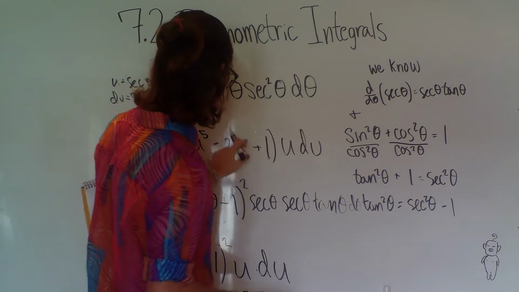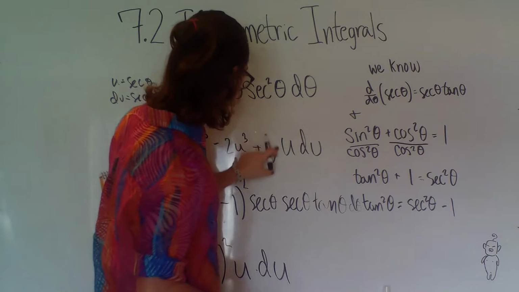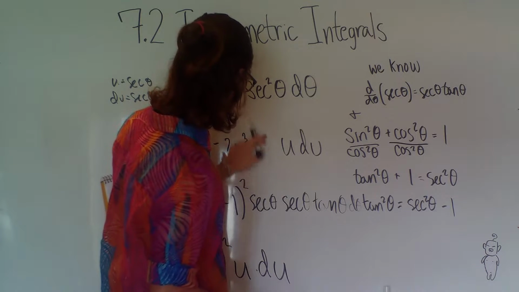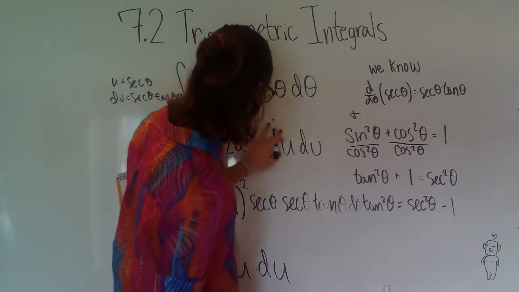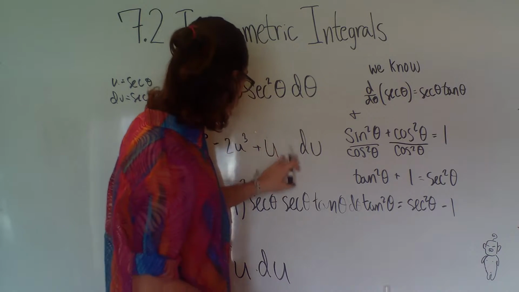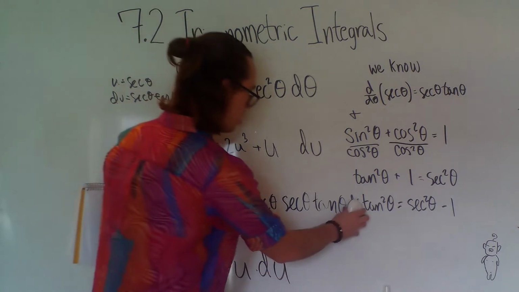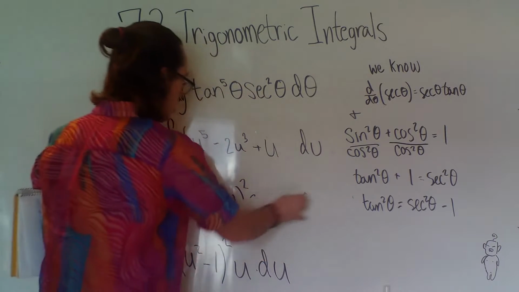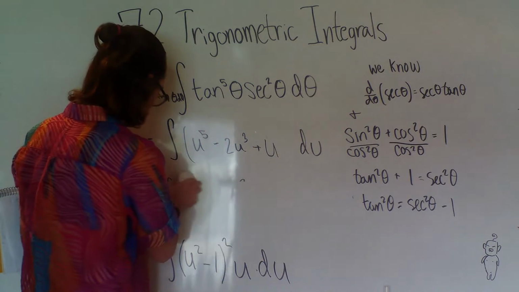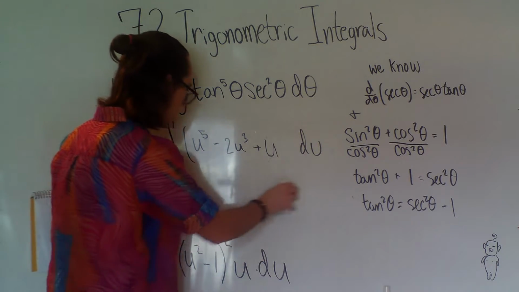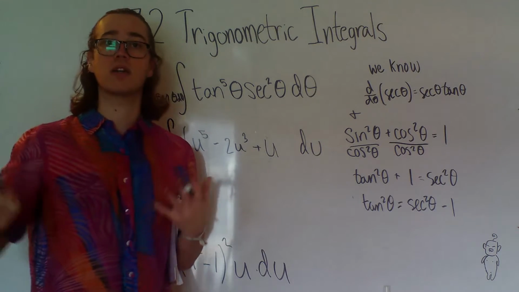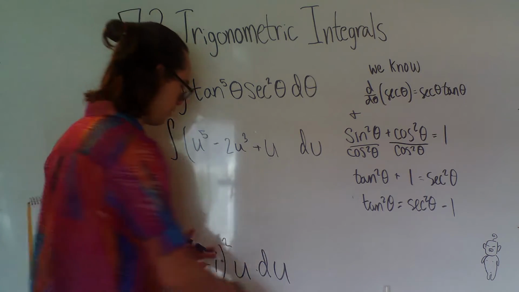This would be u cubed. This would be just u, and that u would go away. Well, then we know how to do this integration really easily. It's just power rule. Or I guess reverse power rule, if you will, because power rule kind of implies derivatives.